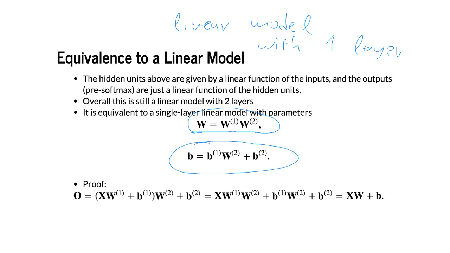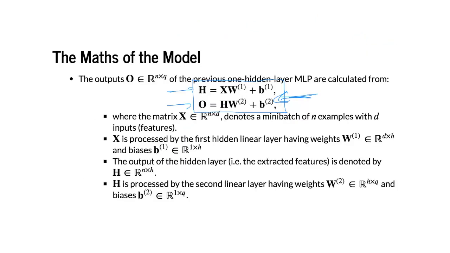So what I'm trying to say is that this model over here is still a linear model. Although we have 2 layers, actually you can put as many layers as you want.